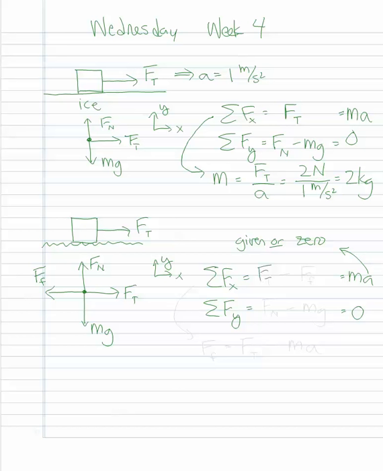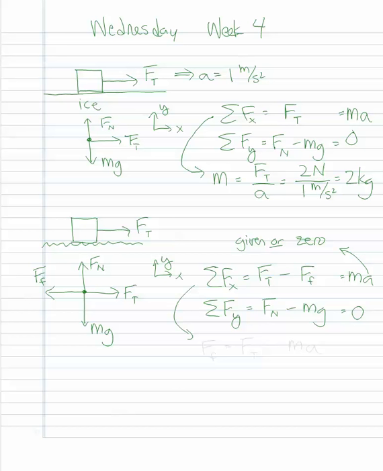So we have the force of tension positive and the force of friction, and then we have the normal force and mg. Okay, so that means that the mystery force, the force of friction, was going to be the force of tension minus ma.